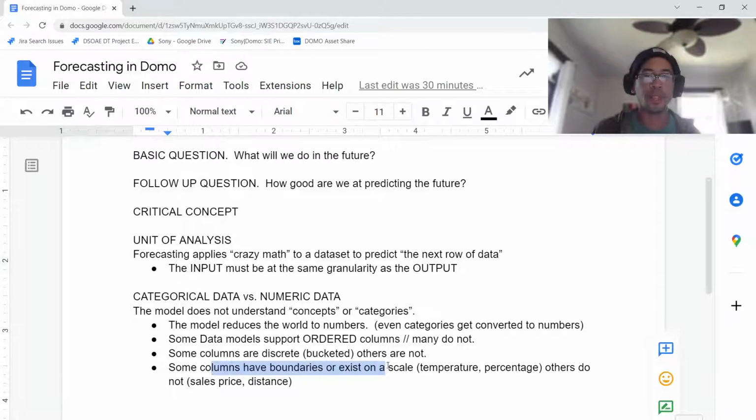Okay, moving on. Some data types have a scale. When I'm talking about temperature in Celsius, typically I expect to see data between, I don't know, negative 50 and 1,000, or kelvins, or whatever your scale is. When you're dealing with data that exists on a scale, it's interesting to ask, how do I compare temperature in the same data set as the number of units sold, and the dimensions of a box?